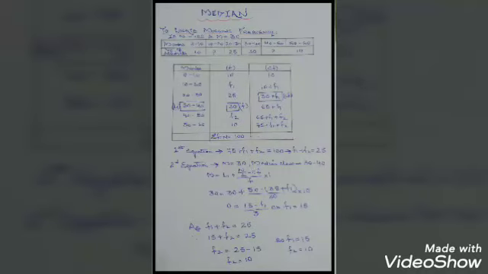So children, as already told, f1 plus f2 equals 25, and now we have found that f1 is 15, so we put the value 15 in f1 plus f2 equals 25. So f2 equals 25 minus 15, that comes to f2 equals 10.